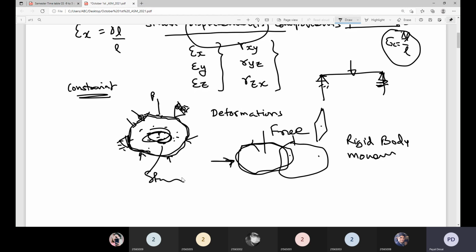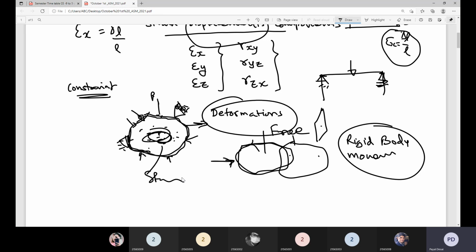We will discuss that in the 3D cases also. Why do internal movements happen? Because the body is constrained, it is not allowed to move outside. Rigid body translation is not allowed, because our structures are always supported, they are constrained, they have boundary conditions everywhere. So that is the reason we need to investigate deformations.